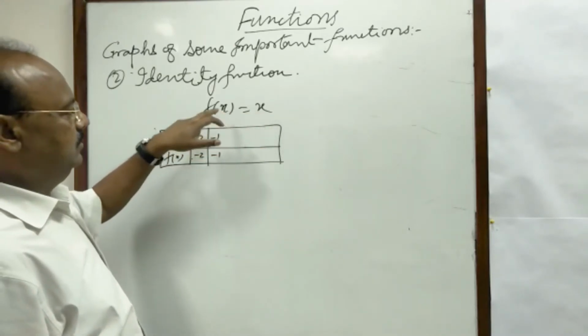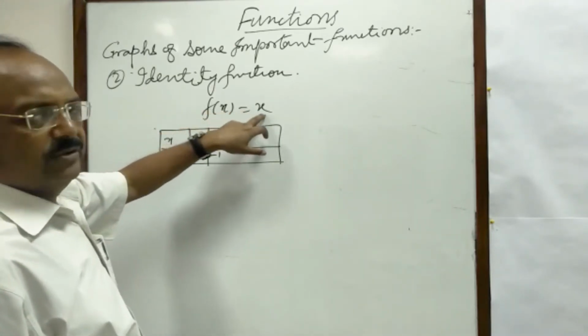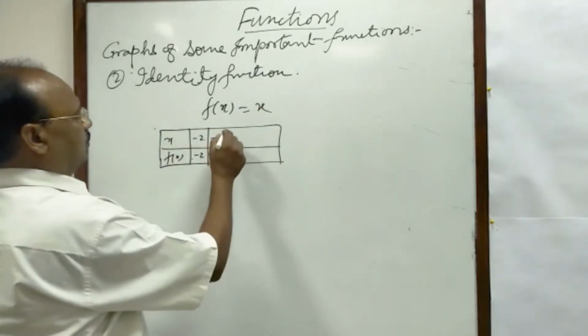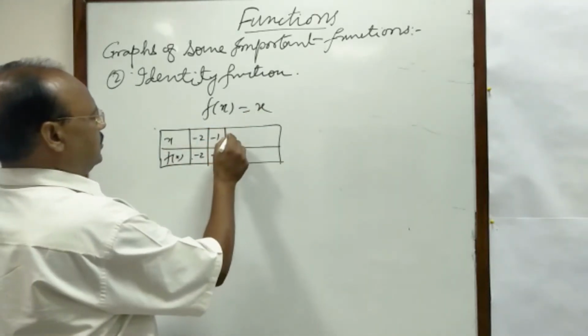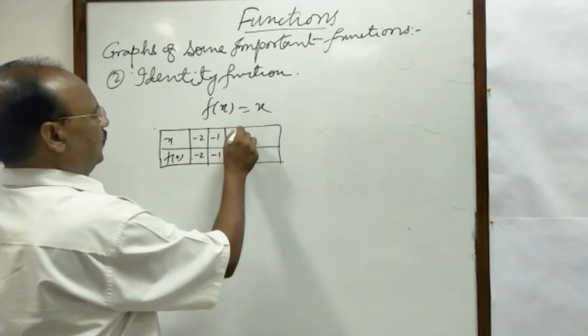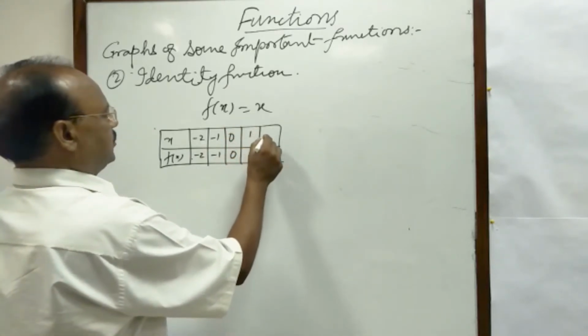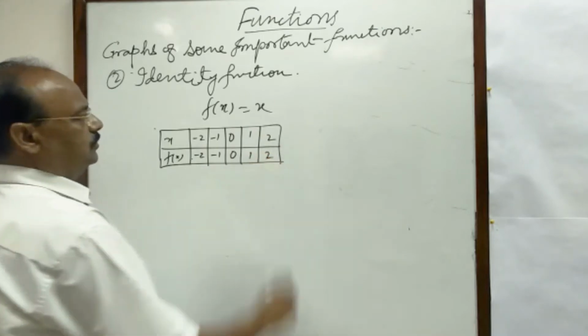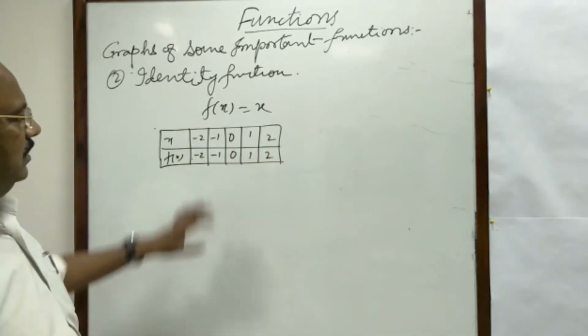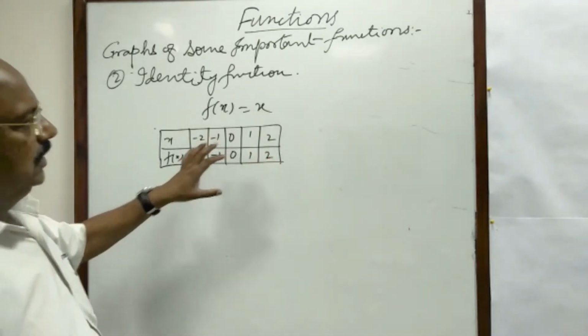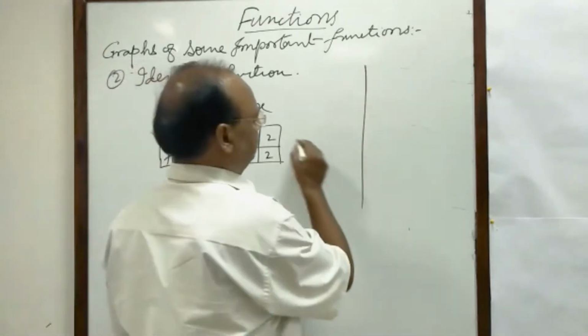So for different values of x, we are getting the same values. So when x is 0, f(x) is 0, when x is 1, f(x) is 1, and when x is 2, f(x) is 2. So we can draw a graph very easily here.